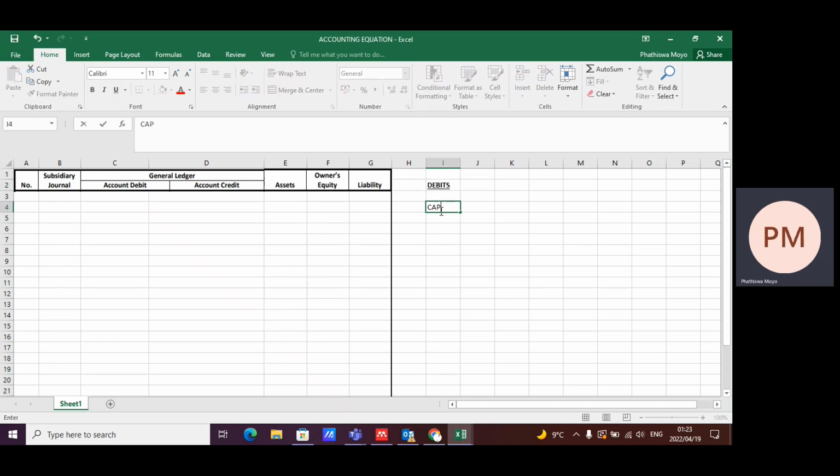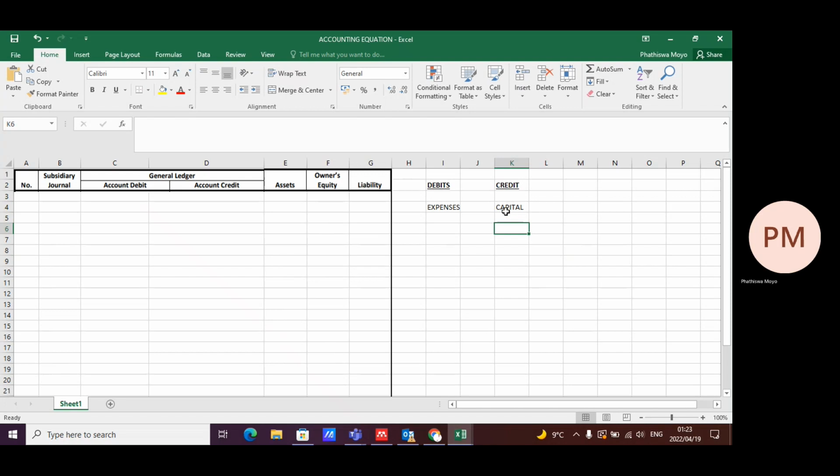So we debit capital. No, man, I lie. We debit expenses. Sorry about that. We debit expenses. We credit capital. We credit liabilities. We credit income.